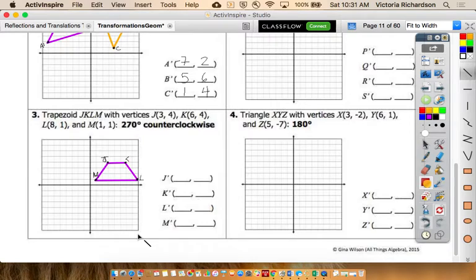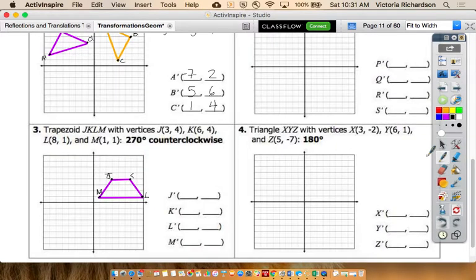Now we are going to rotate 270 degrees clockwise, or you could also say 90 degrees clockwise, which is 270 degrees counterclockwise. So we're going to write down my X and my Y, and we're going to write down what happens to X and Y. And that would be that the X and the Y swap places, and the X becomes negative.